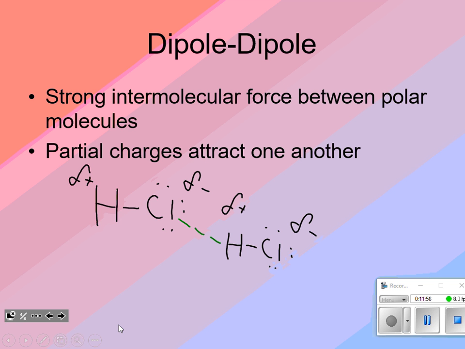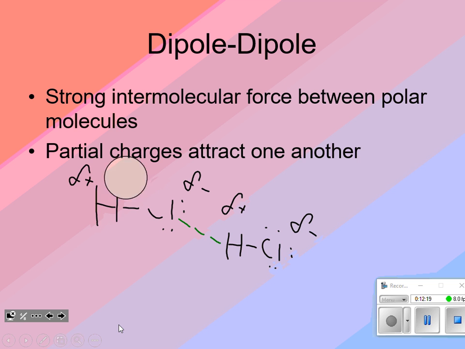HCl, what holds one HCl to a second? The attraction between partial charges. So again, you could call that dipole interactions like our textbook does. You can call it dipole-dipole. Usually once you say the word dipole, we know what you're talking about though.